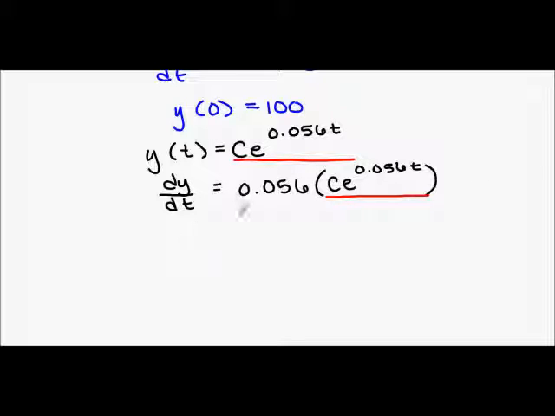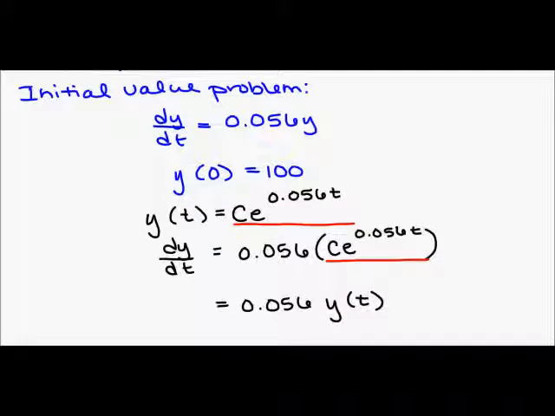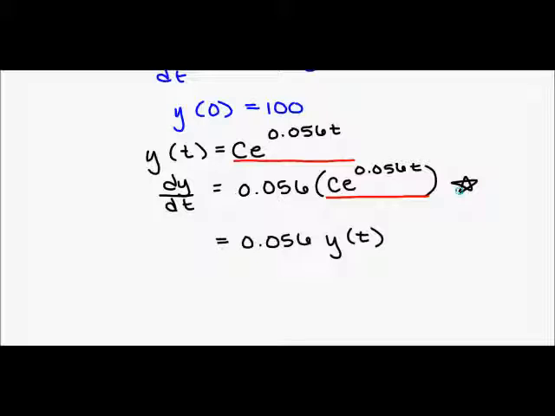So really, this is 0.056 times y of t, which is what we were looking for up here. You wanted to have the coefficient, 0.056, just like we do, times the original function, y, and we do. So this is the function that we were looking for. y of t equals c times e to the 0.056 t.